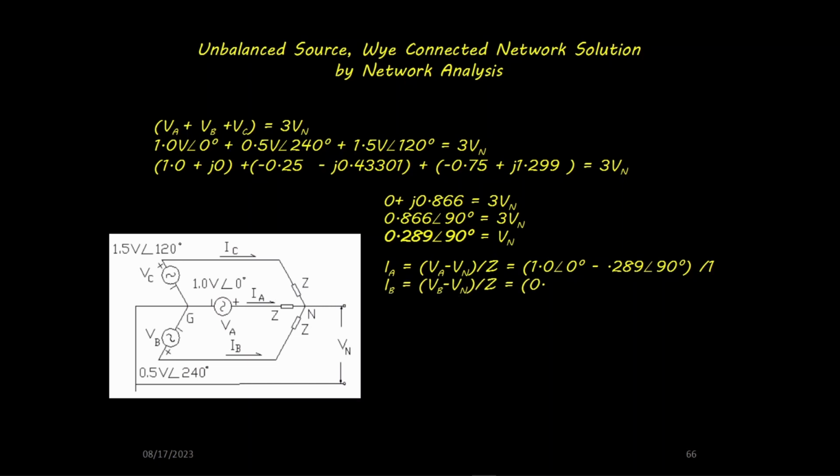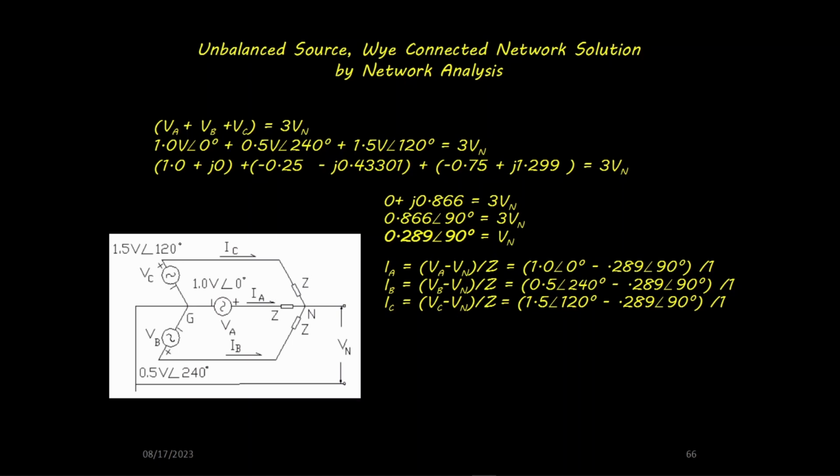IB equals (VB minus VN) divided by Z equals (0.5 at 240 degrees minus 0.289 at 90 degrees) divided by 1 ohm. IC equals (VC minus VN) divided by Z equals (1.5 at 120 degrees minus 0.289 at 90 degrees) divided by 1 ohm.